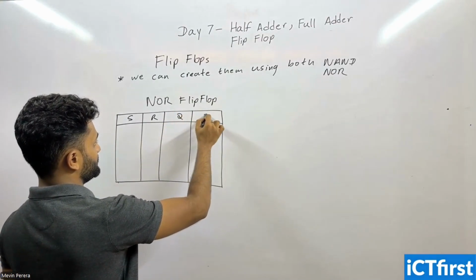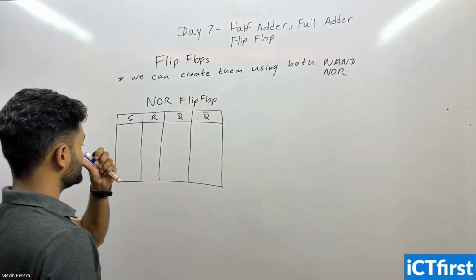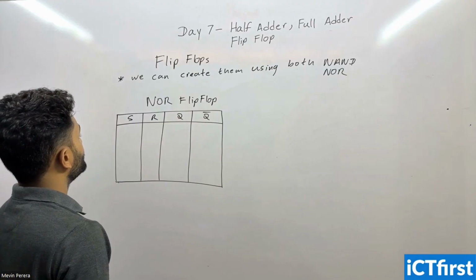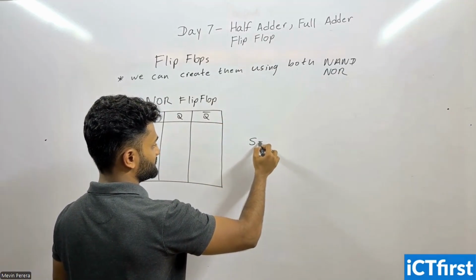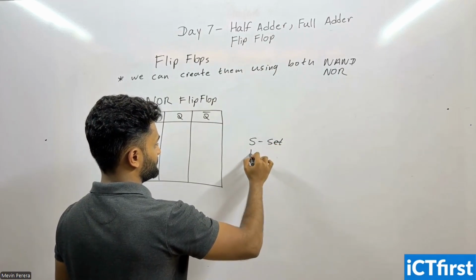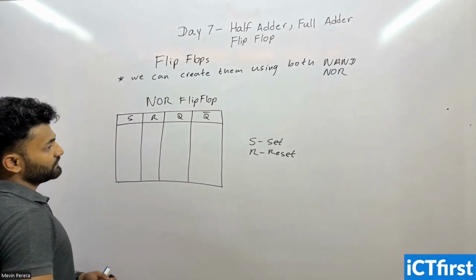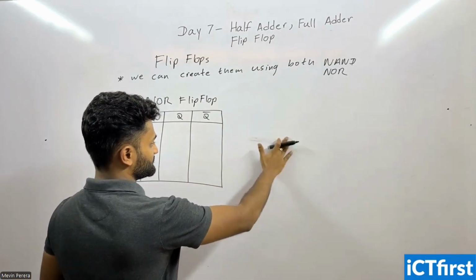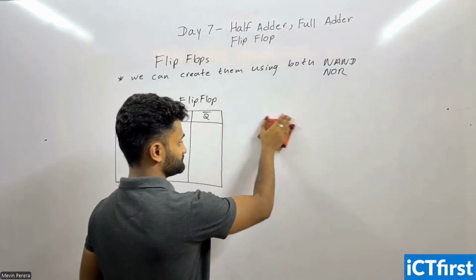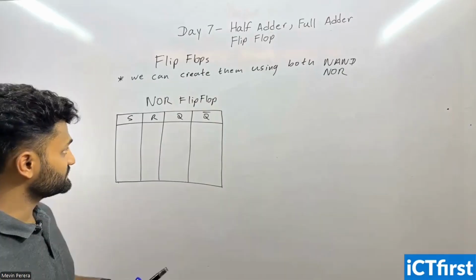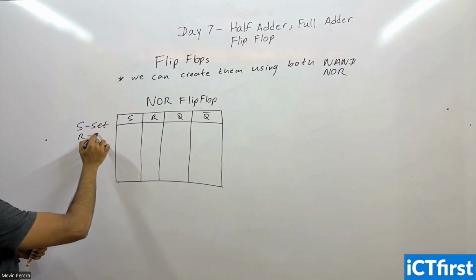And then Q and Q bar. Okay. Now, what is happening is S is equal to set and R is equal to reset. I'll write it here because if I could draw the other gate on the other side, it's better.